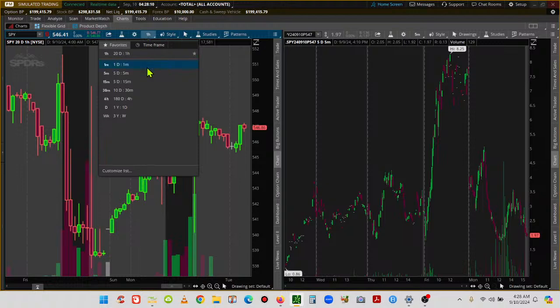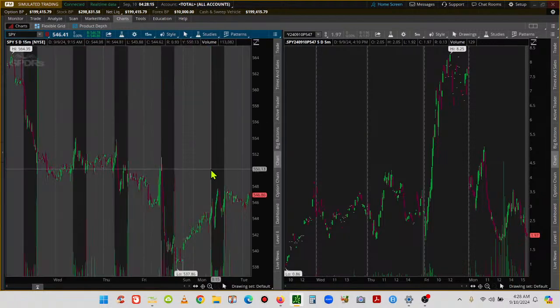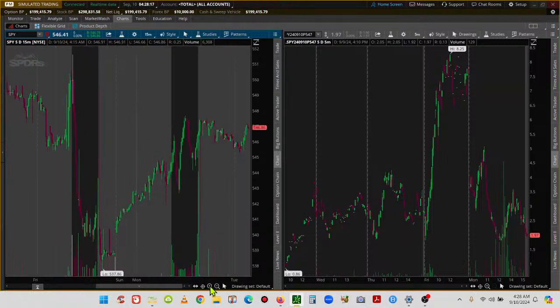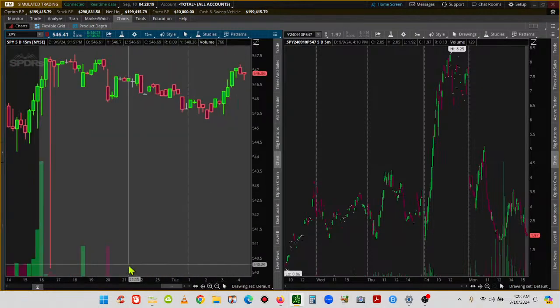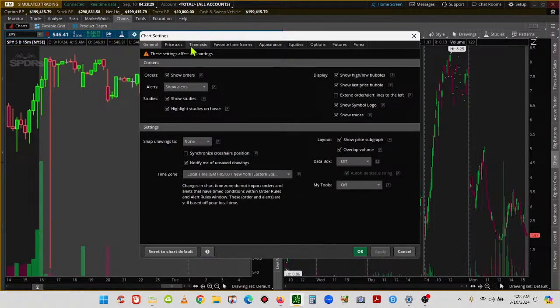I'm going to change this chart to 15 minutes. Down at the bottom, these are volume bars. Okay, same setup over here. Let's go back and look at our setup. Make sure everything is set up.